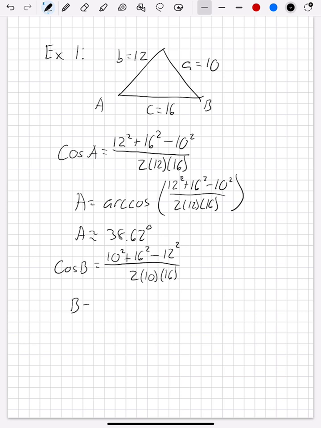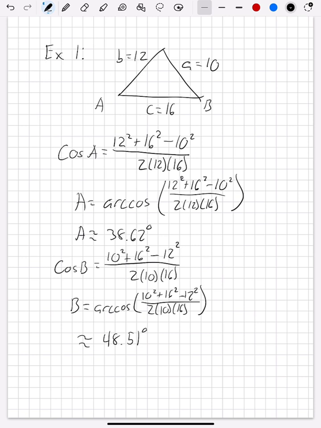Again, just take the arc cosine of both sides. I'm just going to take the arc cosine of the whole thing, plugging it in the calculator in one line. Again, that's just for me. Plug it in the calculator, and you get 48.51 degrees.